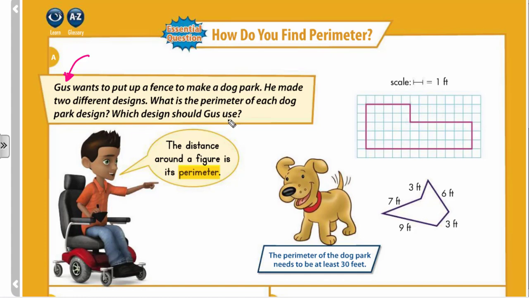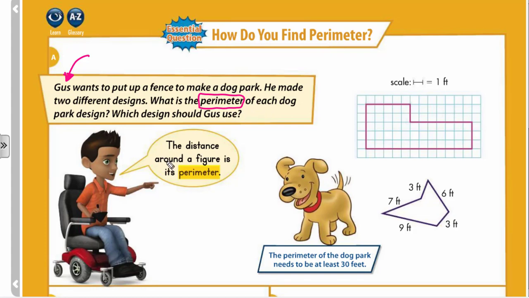And we need here to know what's the meaning of this word, perimeter. The question is, what is the perimeter of each dog park design?